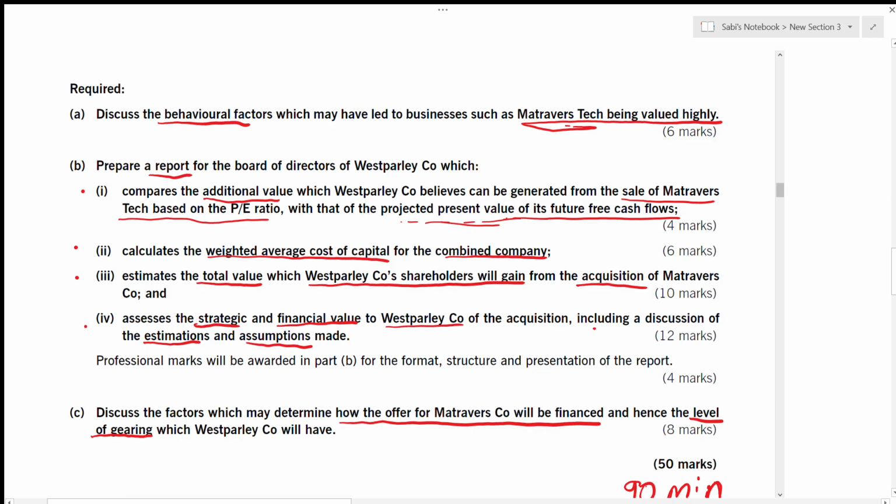WACC includes cost of capital, cost of equity, and cost of debt. Together makes WACC. So that means you have to find the cost of equity, cost of debt. So now you can proceed. You know what you have to find out.